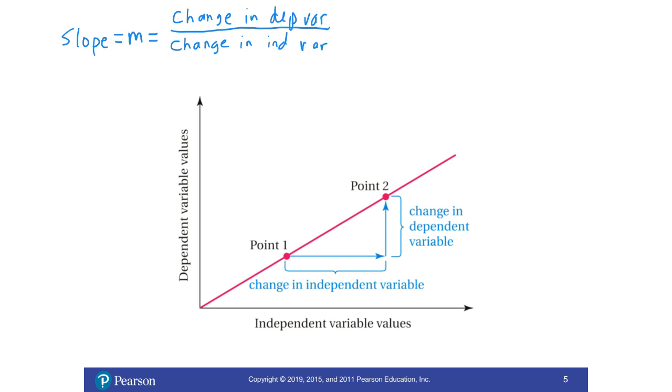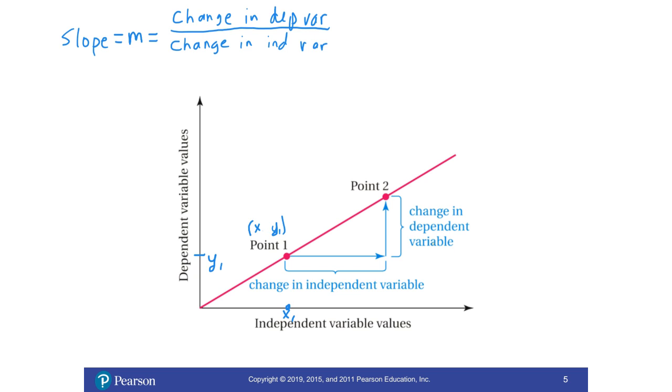Okay, so let's suppose that point 1 has coordinates x1 comma y1. That is, down here on the x-axis, this would be x1. Over here on the y-axis, this would be y1. And just notice how messy that looks. Let me see if I can clean that up a little bit.